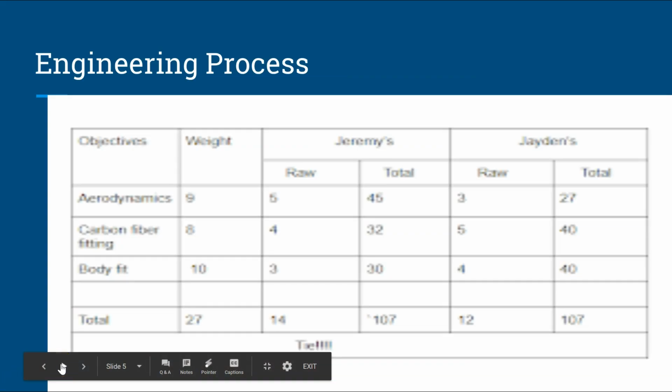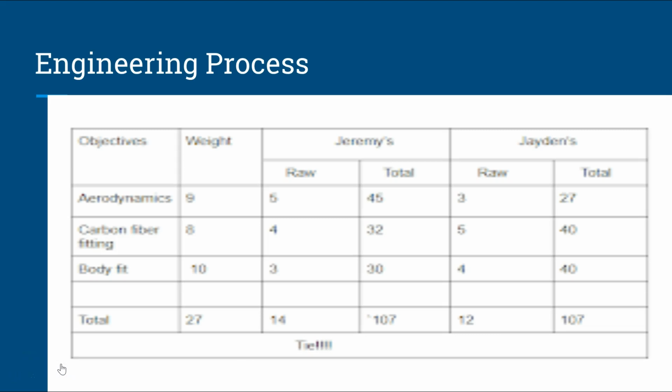The engineering process behind this was we had to make, obviously, a decision matrix, and for our objectives we used aerodynamics, carbon fiber fitting, which was meant to measure if it fit really well on the chassis or not, meaning if the carbon fiber fitted well, it would be easier to fit on the chassis.